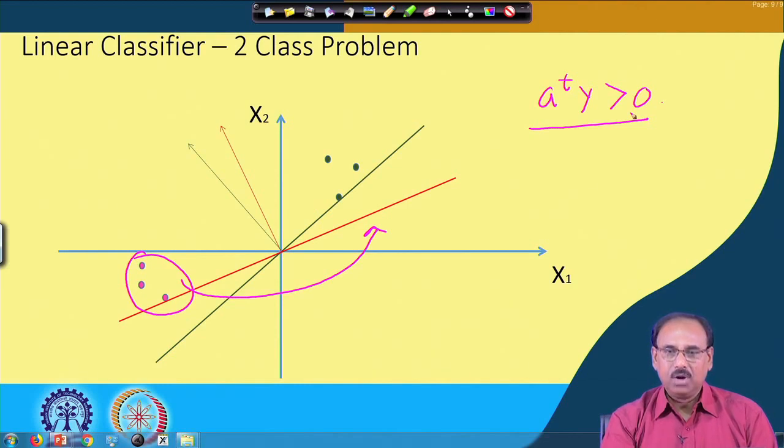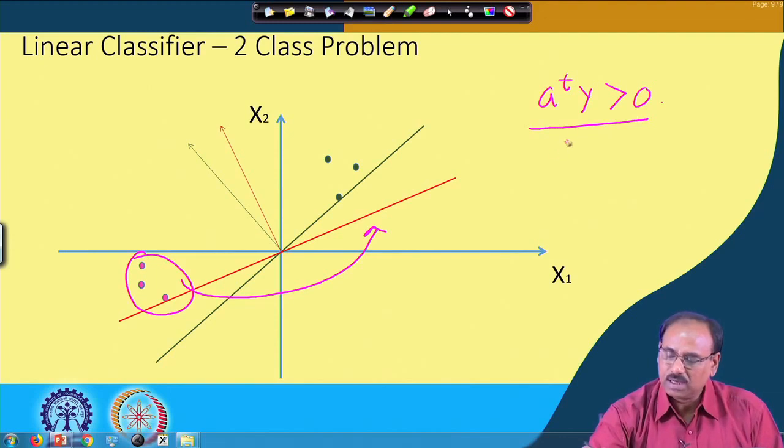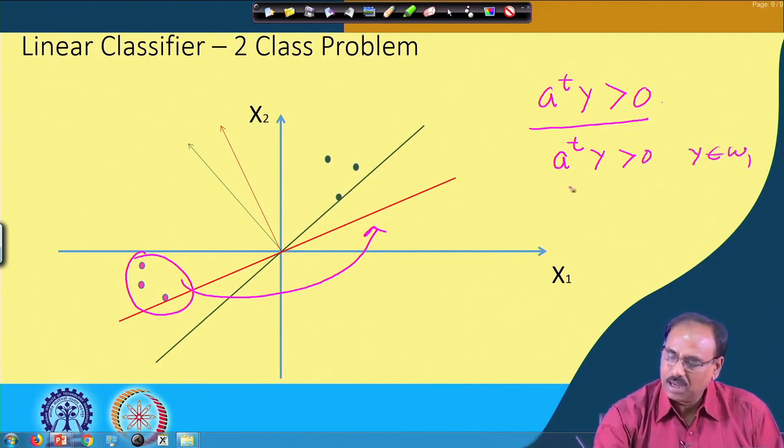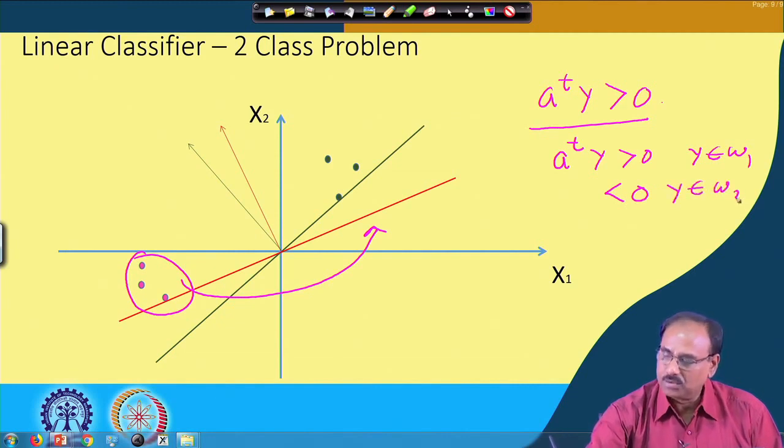But you remember, once your classifier is designed, that means once your separating plane is designed, the classification rule will always be that if A transpose y is greater than 0, then y should belong to class omega 1. If it is less than 0, then y will be classified to class omega 2.